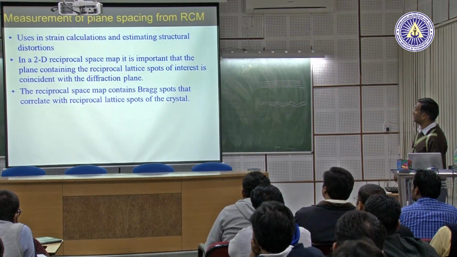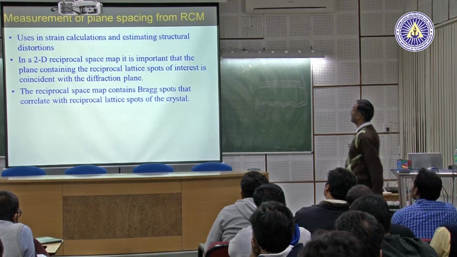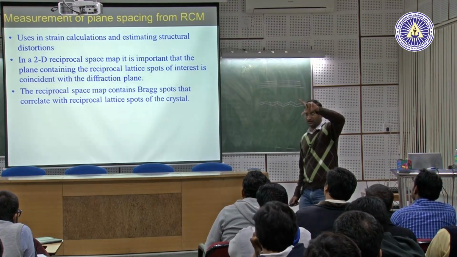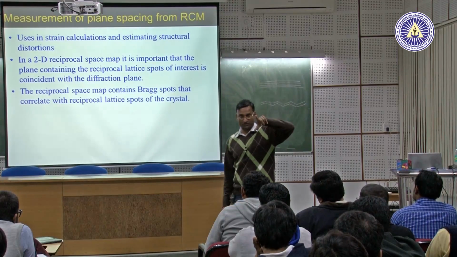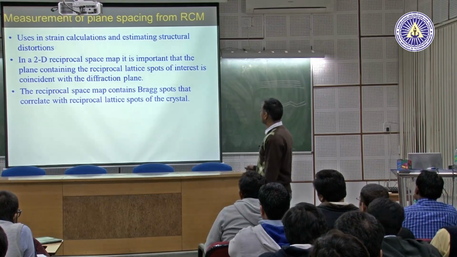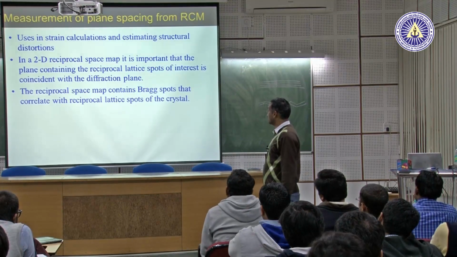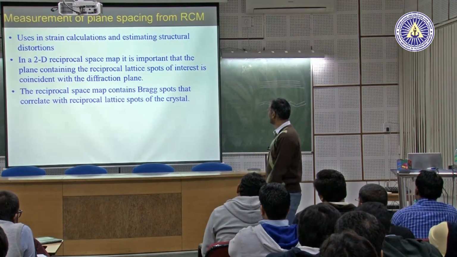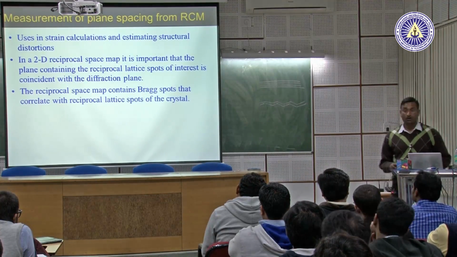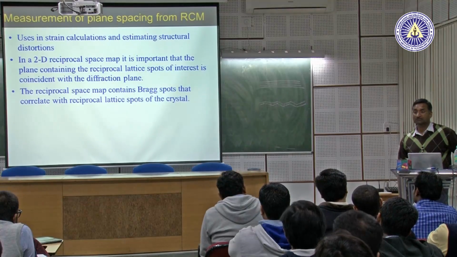So basically you can measure the plane spacing from the reciprocal space maps by doing a detailed calculation of D spacing from the spots at various positions, and this can be used in strain calculations, estimating structural distortions, orientation relations, etc.